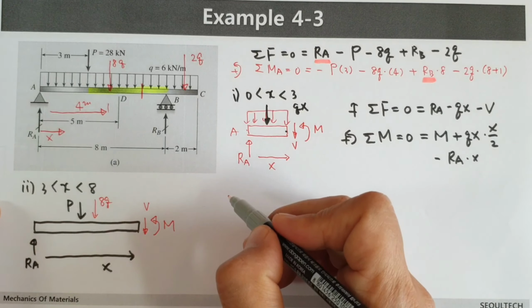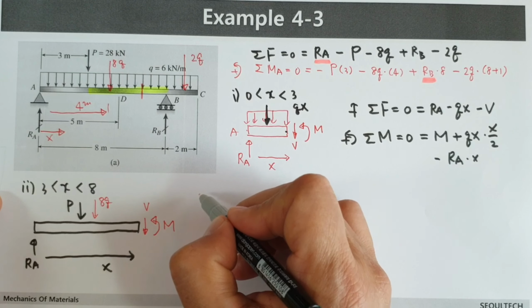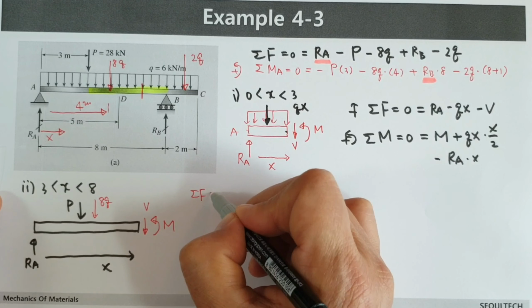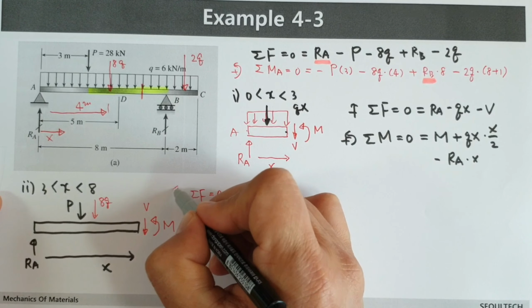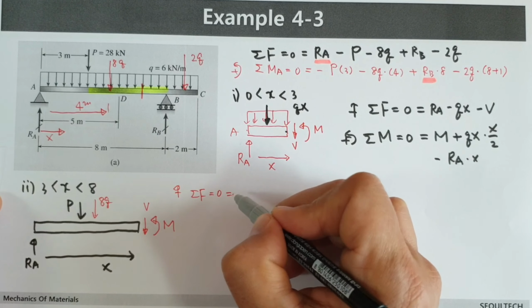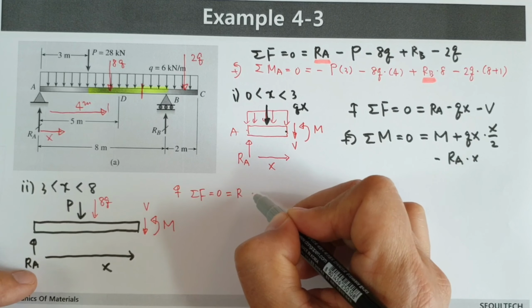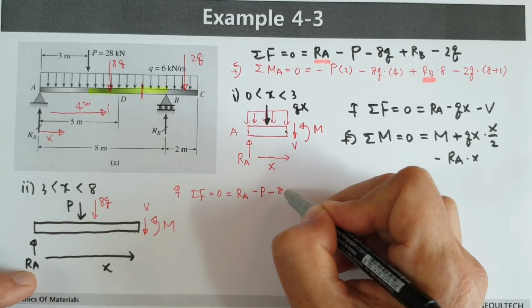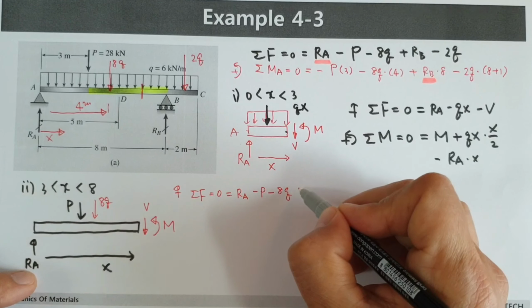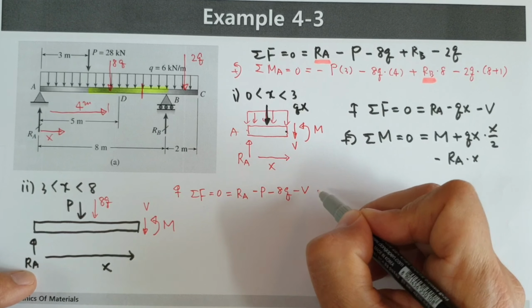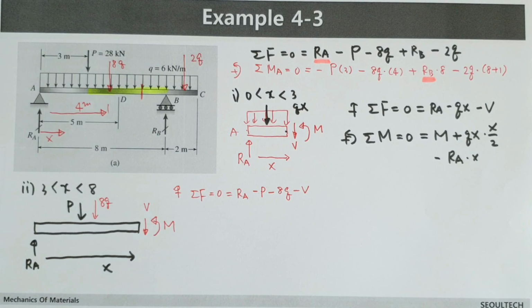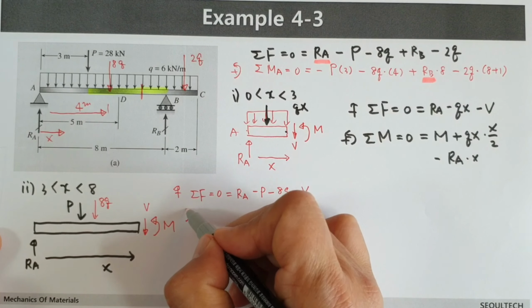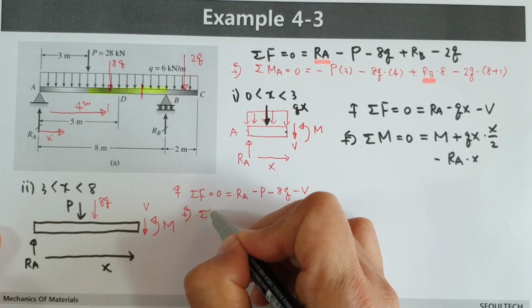Okay, in this case, when you apply force equilibrium, the sum of forces equals 0, upper direction, then RA is positive, minus P, minus 8q, and minus V equals 0. And let's think about this direction as positive for moment equilibrium.